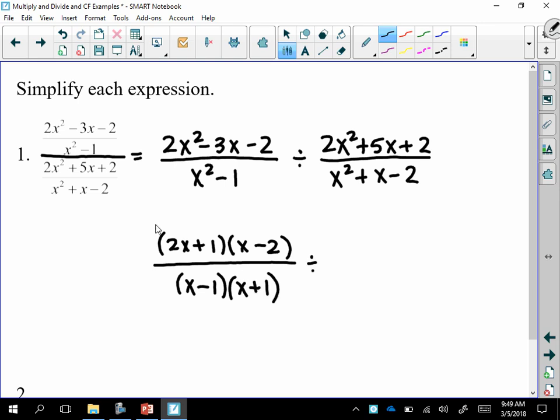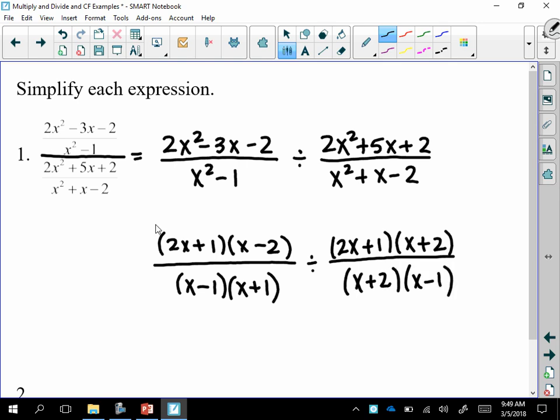And divided by 2x plus 1 and x plus 2. And in that denominator, that would be x plus 2 and x minus 1. So there's our factored form of that quotient.